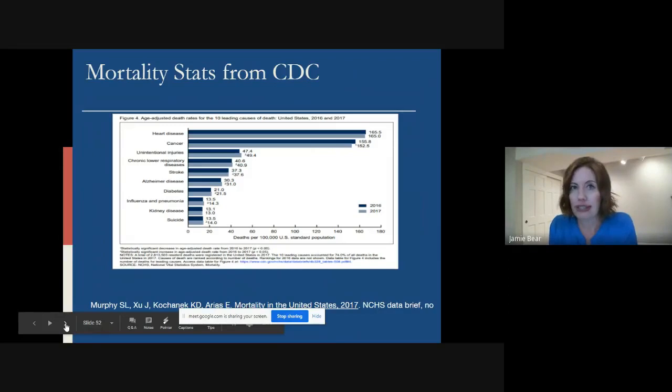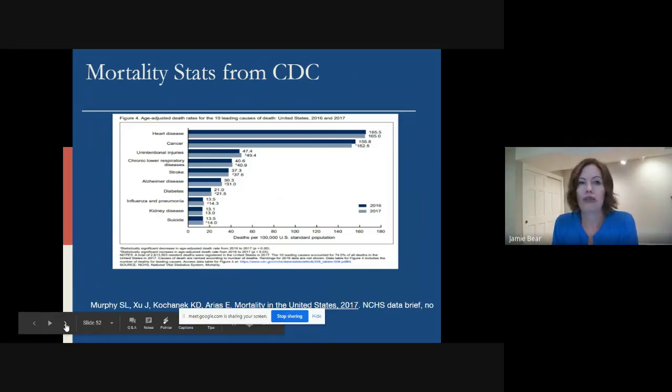Unintentional injuries is #3. And 4th is chronic lower respiratory disease, so COPD. So if we take out unintentional injuries, because that's not disease related, COPD now moves up to number 3. So heart disease, cancer, and COPD, and then stroke, which is also related to the cardiovascular system. All of those take place.